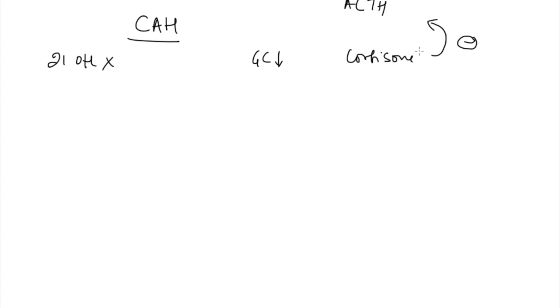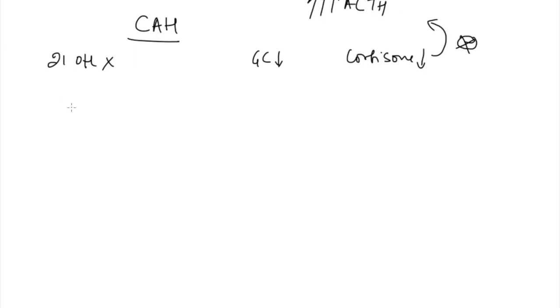Now here we are not having cortisone. Basically your glucocorticoids are not there. So this negative feedback is not there, correct? So the pituitary does not sense any cortisol. So there'll be overactivity of the pituitary and you'll have increased production of ACTH because of this.